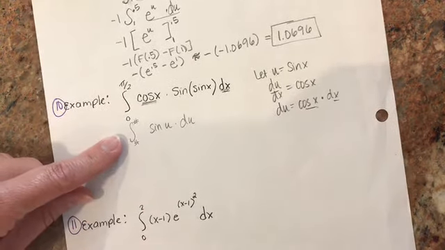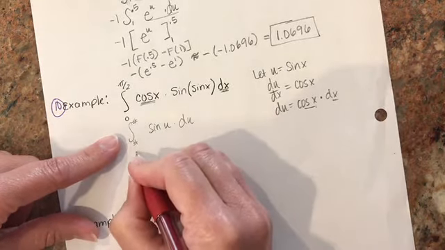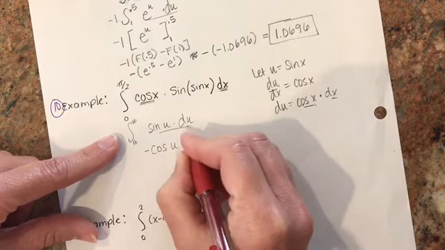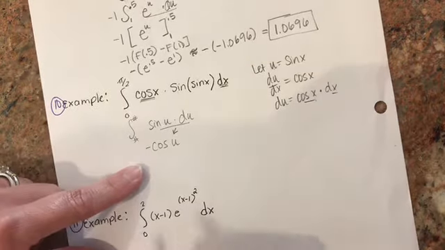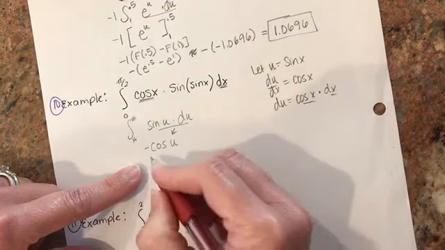Now, what's the integration of sine? That would be negative cosine u. Now I'm going to sub back in my u as sine of x.